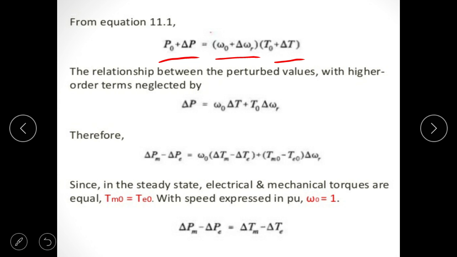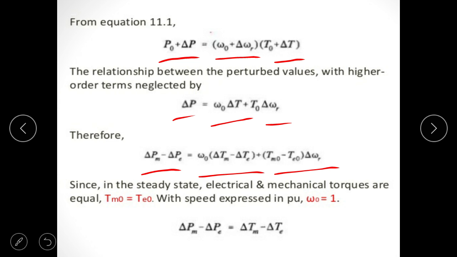In this equation, higher order terms are neglected, then we obtain delta P equals omega 0 delta T plus T0 delta omega R. Therefore, delta Pm minus delta Pe, where delta Pm is the change in mechanical power, the output of the turbine, and delta Pe is the change in electrical power, the output of the generator, equals omega 0 (delta Tm minus delta Te) plus (Tm0 minus Te0) times delta omega R, where Tm0 is initial mechanical torque, Te0 is initial electrical torque, and delta omega R is change in angular speed of the rotor.